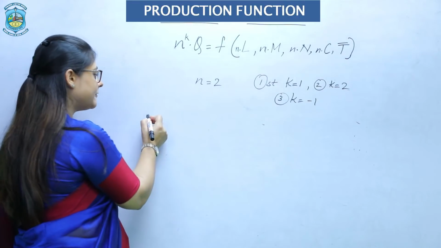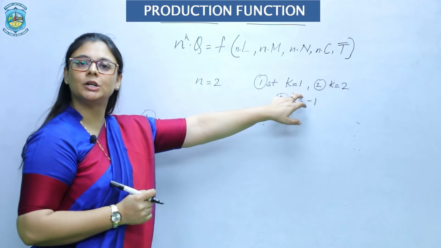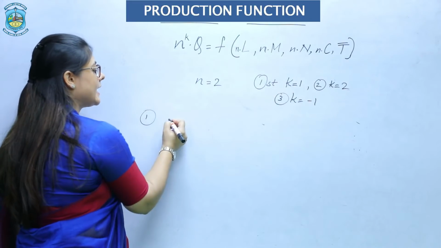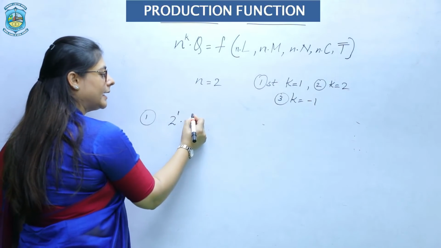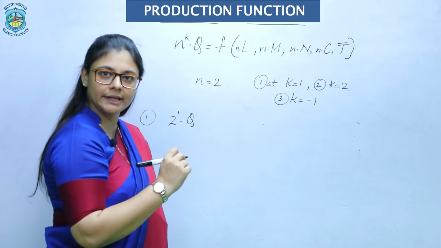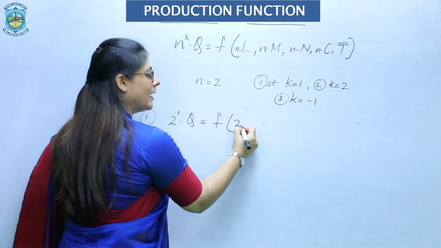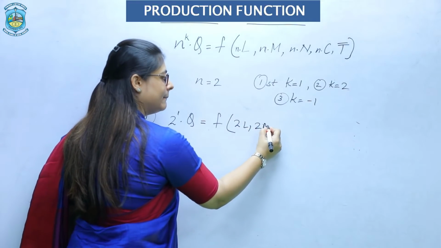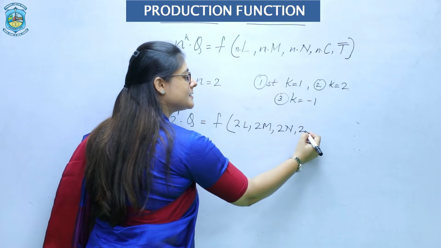So, in the first case, n is equal to 2 and k is equal to 1. So, what is the expression here then? 2 raised to the power of 1 multiplied by the output quantity, then function of 2L, 2M, 2N and 2C.